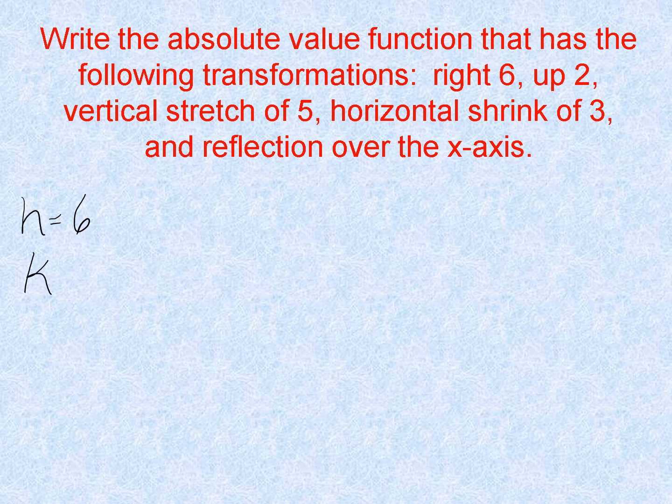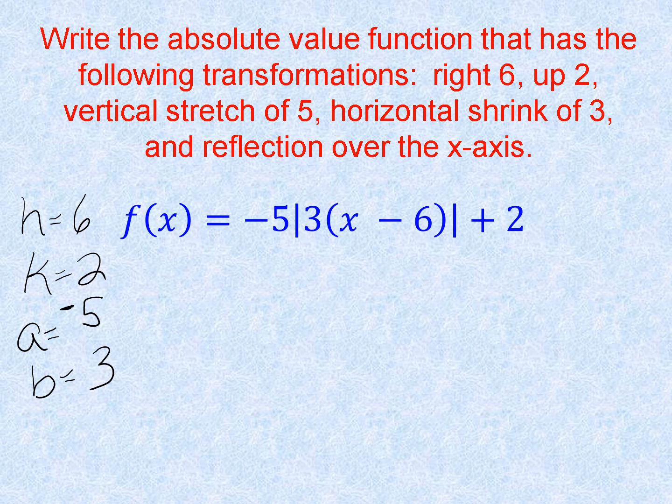Up 2 means k is positive 2. Vertical stretch of 5 means that a is 5. Horizontal shrink of 3 means b is 3. Reflection over x means a is negative. And then I just fill in a, b, h, and k into the equation.